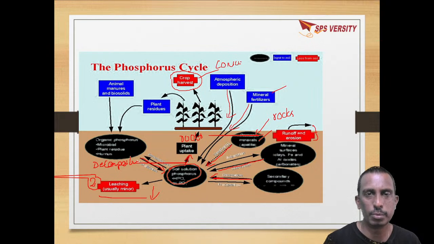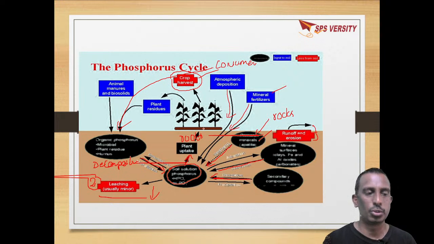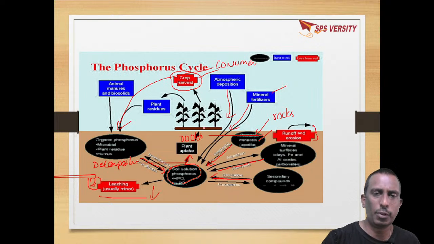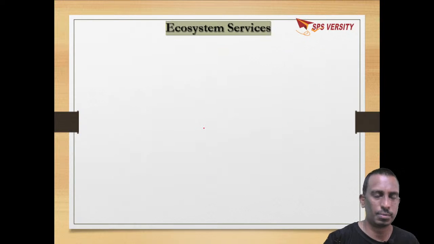When consumers die, by the decomposition process it again reaches the soil solution. So this is how we can see phosphorus movement in a soil, where in the phosphorus cycle the soil is the reservoir, where we can see input, output as well as loss.